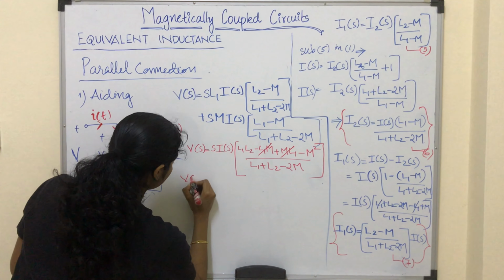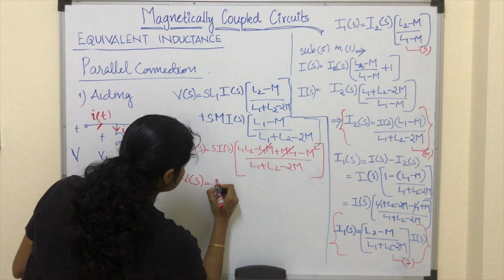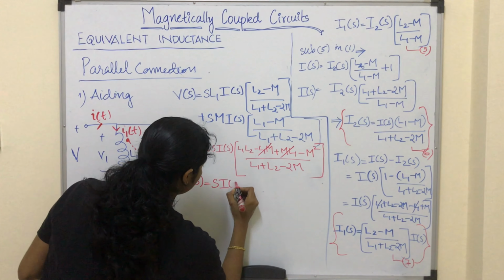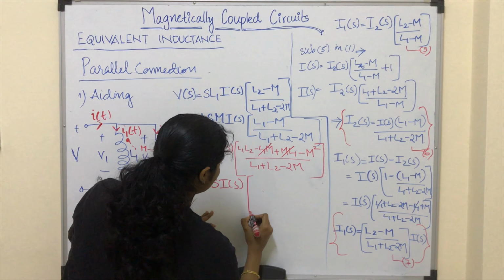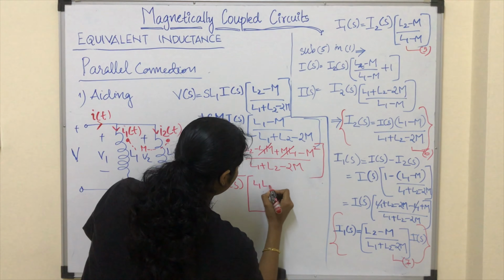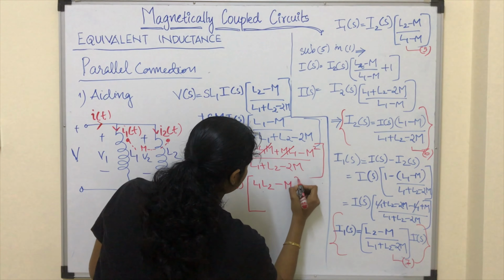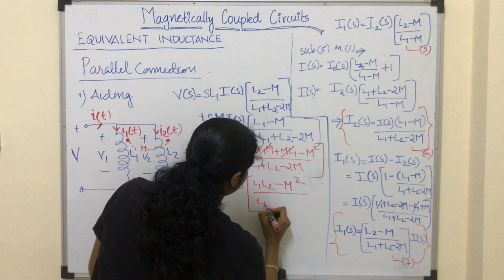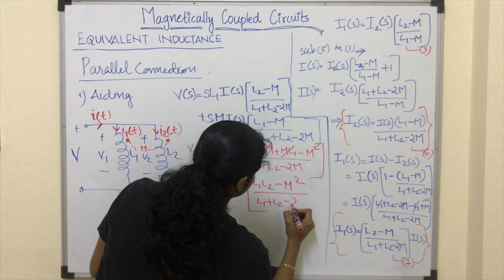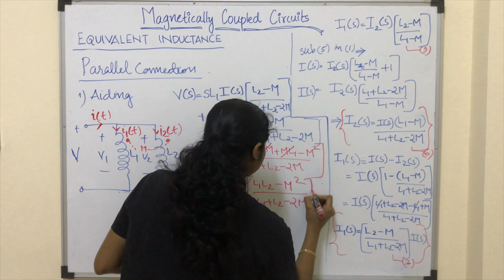So the end result is V of S is equal to S into I of S into (L1 L2 minus M square) by (L1 plus L2 minus 2M).